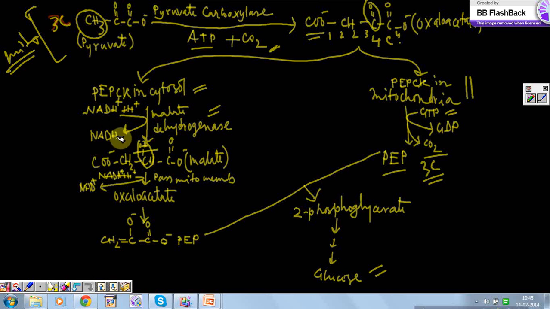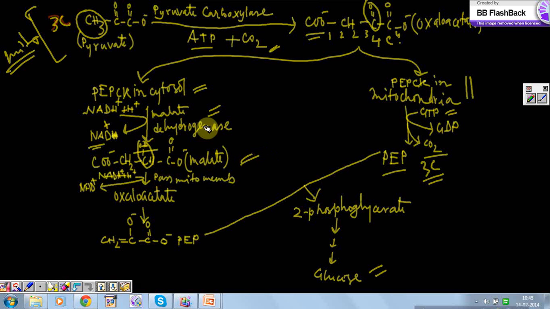So this is not NADH, this is NAD plus. The NADH plus H plus donates the hydrogen and gets oxidized to form NAD plus, whereas this hydrogen is taken by the carbonyl group, and it gets reduced and produces a hydroxyl group. This carbonyl is now reduced into a hydroxyl group, and oxaloacetate produces malate.